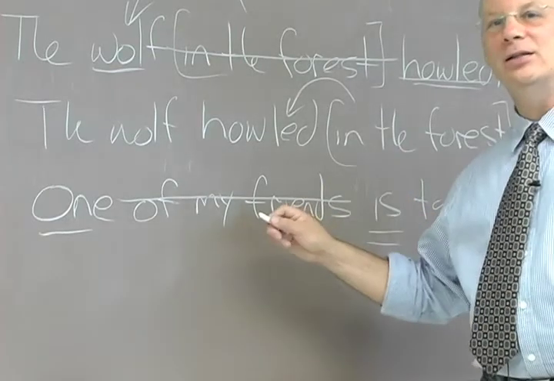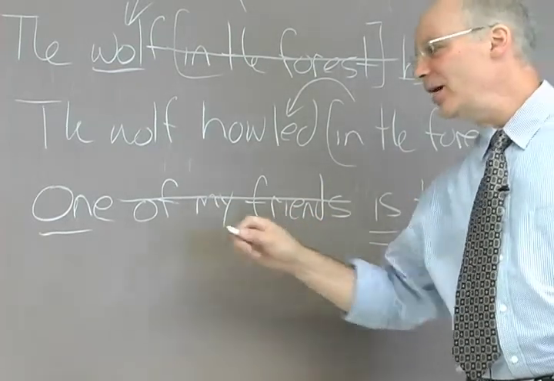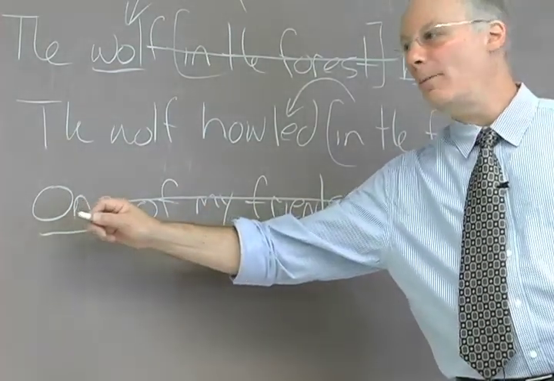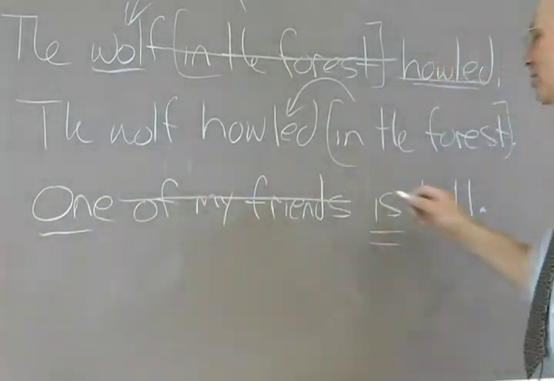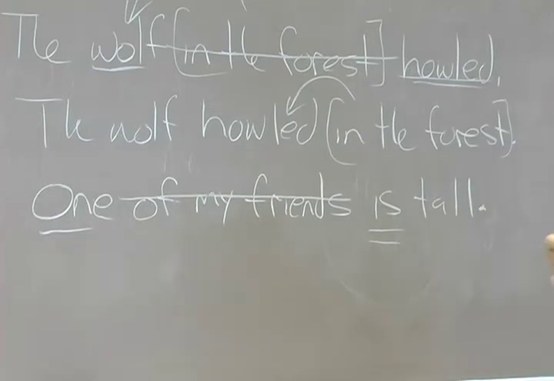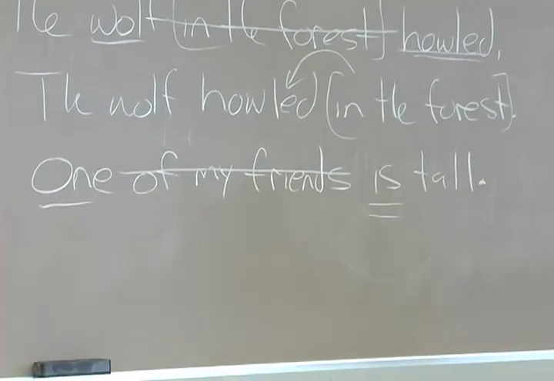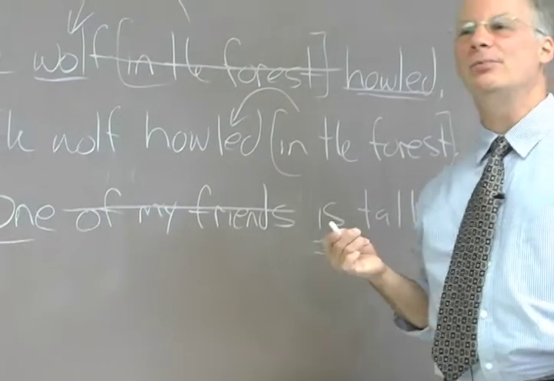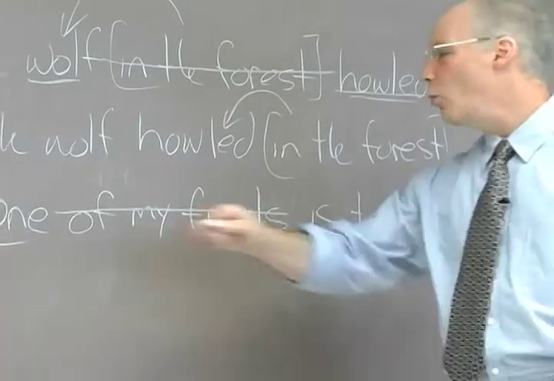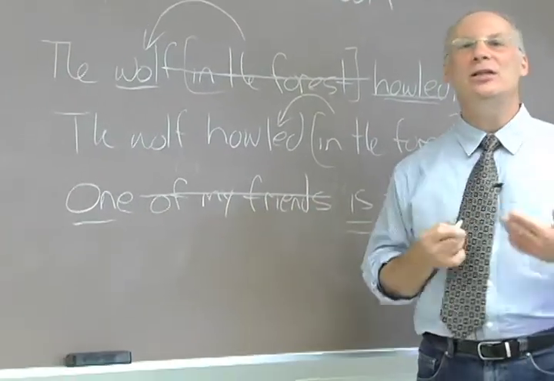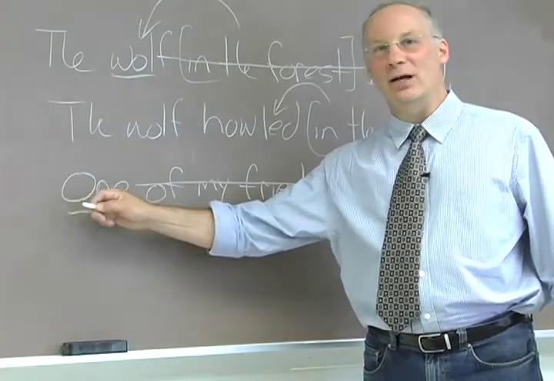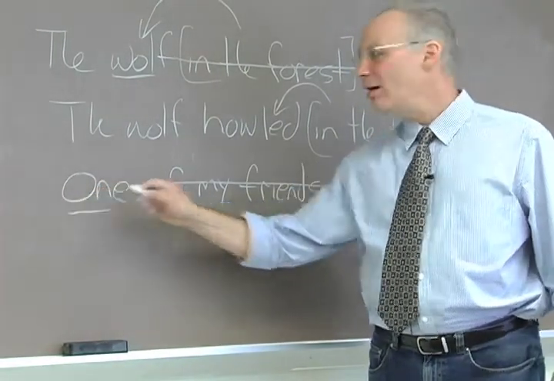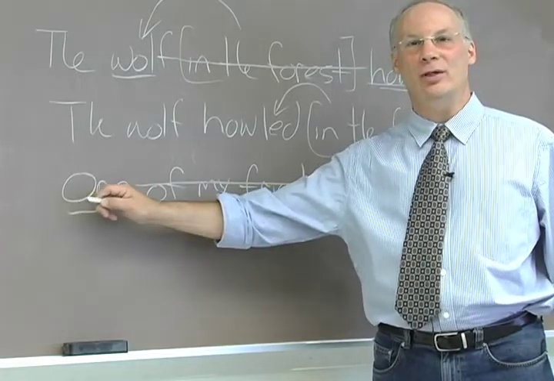"Of my friends" is an adjective phrase telling us about the subject, the noun "one." This is the core of the sentence: one is tall. Now, if somebody asked you what's the subject of this sentence and you answered "one of my friends," I would accept that as a right answer because you're giving me the subject, the noun, and an adjective phrase attached to it.